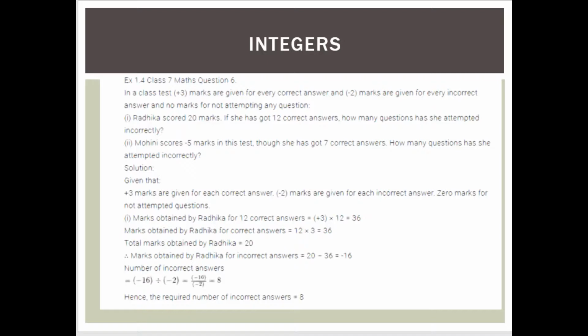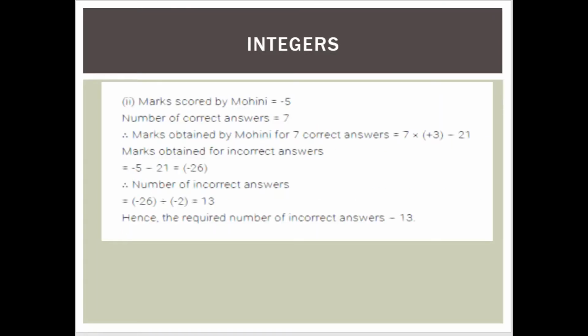Total marks obtained by Radhika is 20. So marks obtained for incorrect answers is 20 minus 36, which is minus 16. One incorrect answer has minus 2 marks, so minus 16 is to be divided by minus 2. You will get 8. That means the number of incorrect answers is 8.